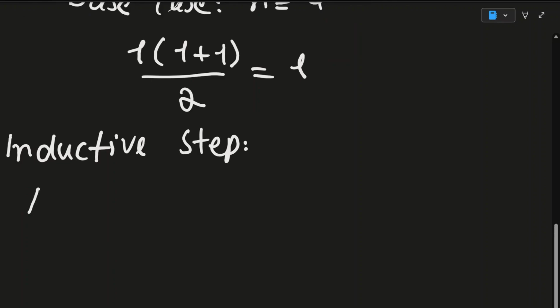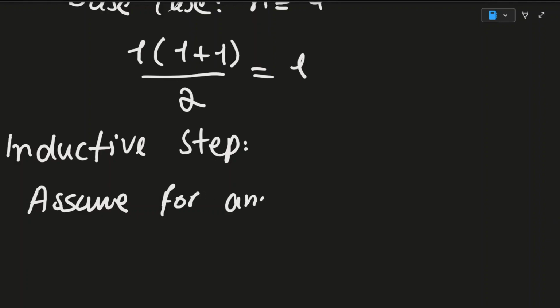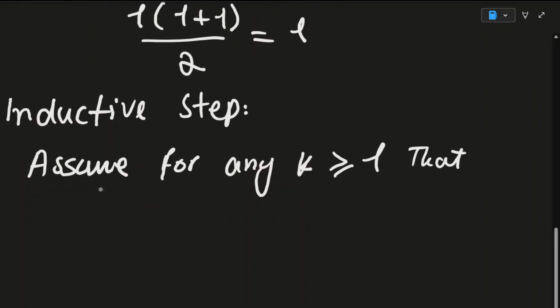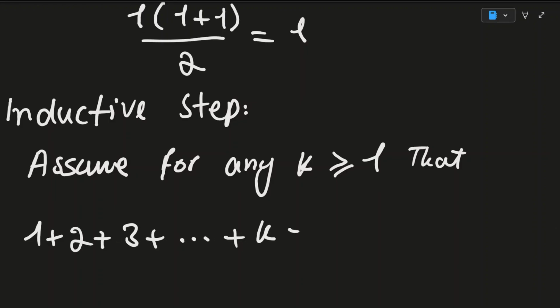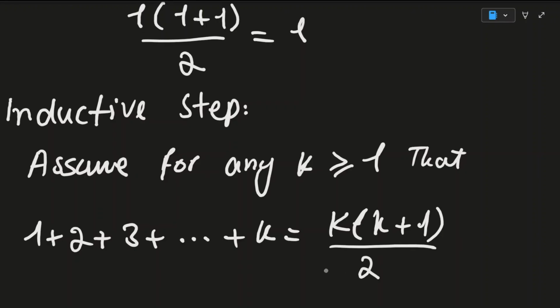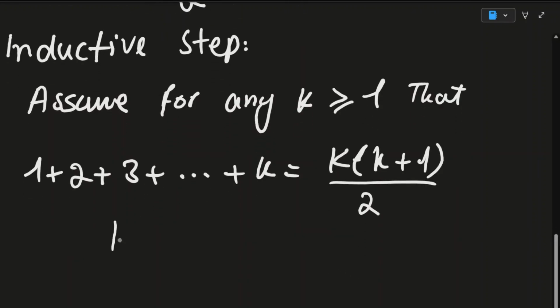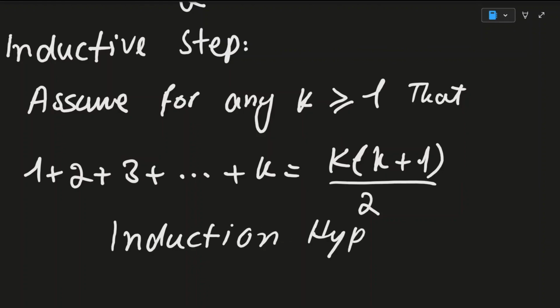We assume for any number k that is bigger than or equal to 1, that for 1 plus 2 plus 3 up to k, the formula holds. So this is the induction hypothesis.